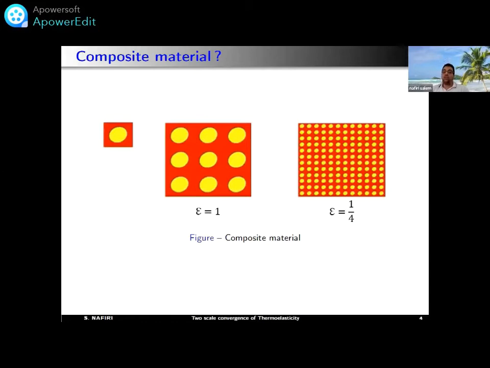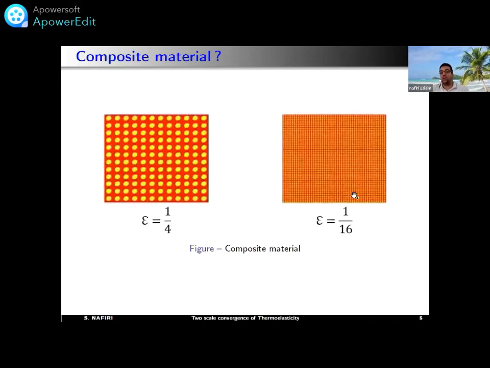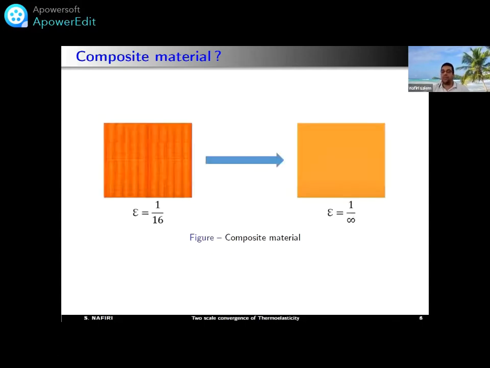In order to get a strong material, you have to increase the density of the mixing, or you decrease your ratio epsilon. Once you decrease your epsilon, we observe that step by step you get something in which you see neither copper nor pure gold. You get something which we call a composite material.